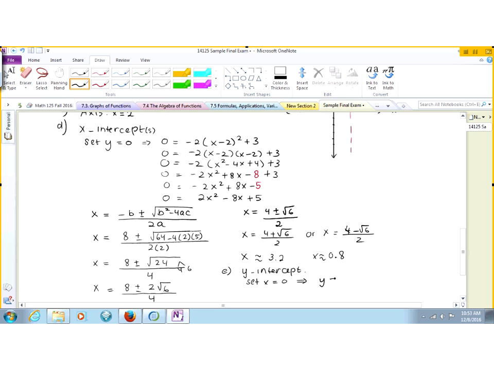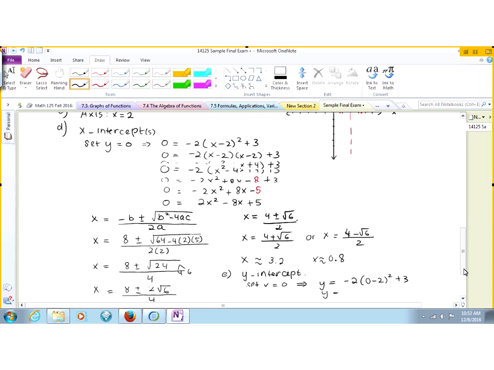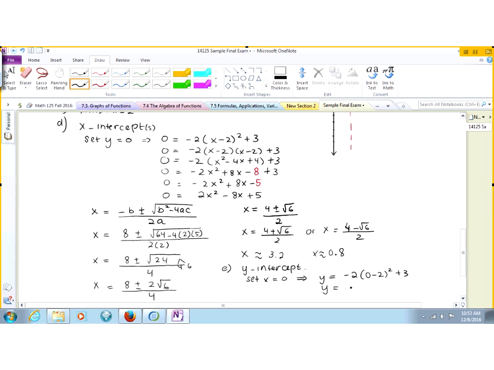So y is equal to -2 times 0 minus 2 square plus 3. So y is equal to -8 plus 3. Y is equal to -5. Yes. So y-intercept would be 0, comma, -5.